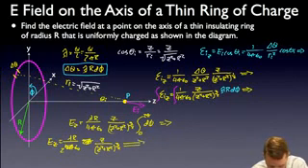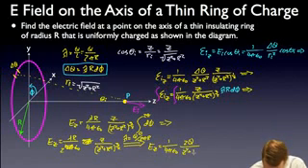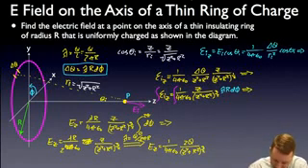But we also know that lambda, if you recall, we defined as q over 2 pi r. So putting that all together, the z component of the electric field is just going to be 1 over 4 pi epsilon naught times zq divided by z squared plus r squared raised to the 3/2.